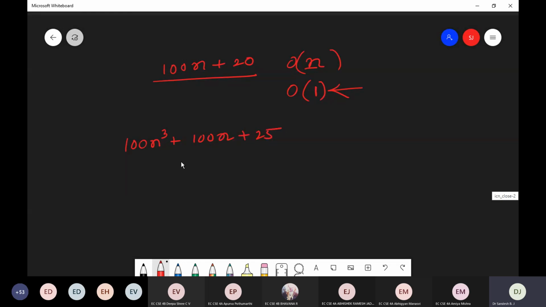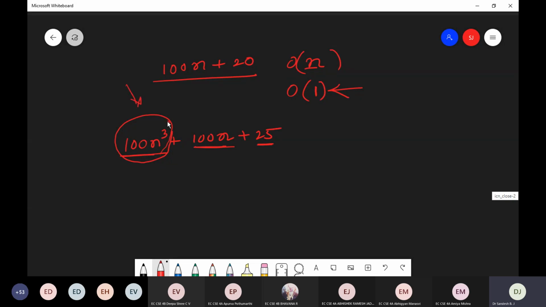As we have seen, we will be concentrating on the basic operation which contributes to most of the running time, that is, the higher order terms. There may be some statements which take 100n and some instructions which take constant time, like 25.